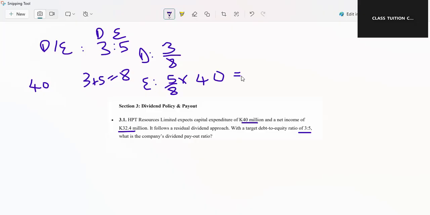So what do we get when we multiply that? You have 25. Okay, 25.